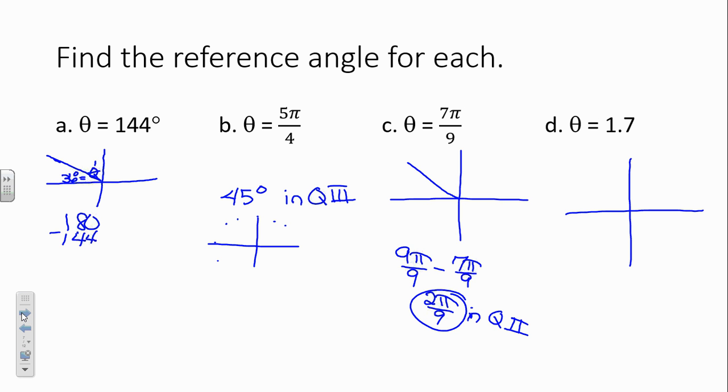So we're not there yet, or a little bit more, okay? So we know we're somewhere here. So what are we going to do to find our reference angle? Yep, 3.14 minus 1.7, or just call it pi minus 1.7. And we know that we're in quadrant 2.